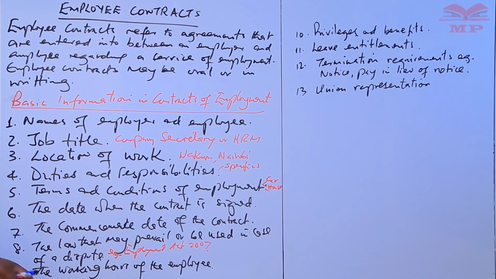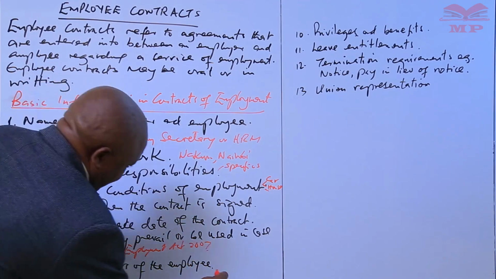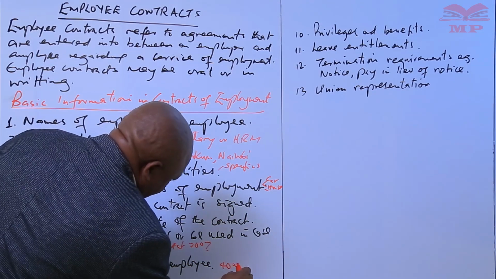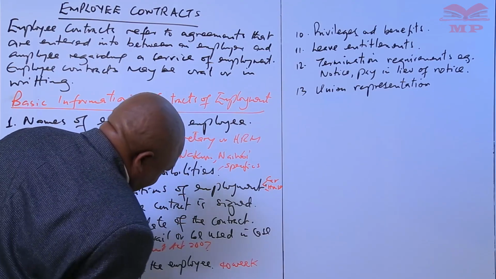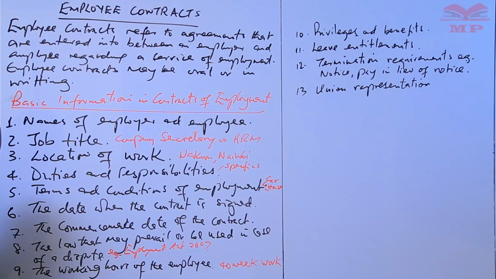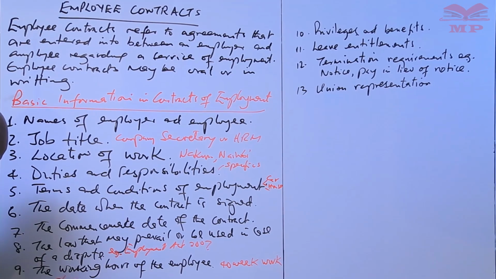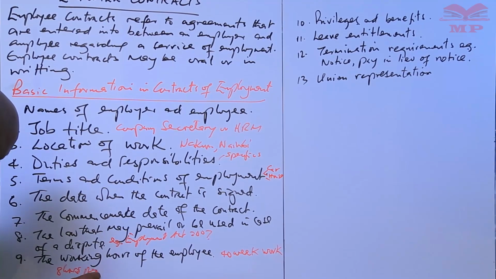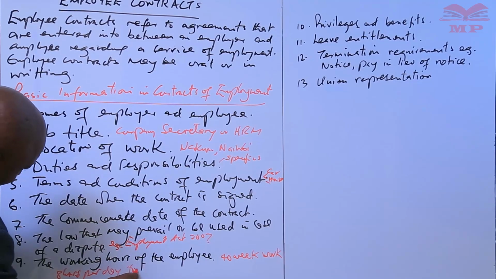Then you have the working hours. Maybe this employee is supposed to have a 40-hour week, or maybe the employee is supposed to have 8 hours per day for 5 days.